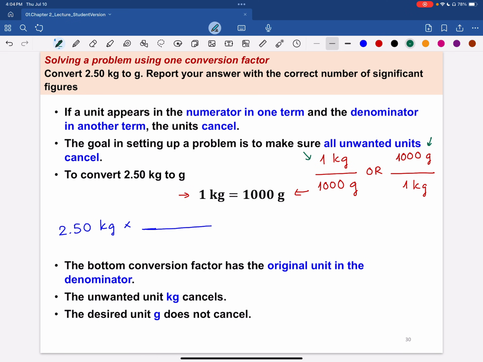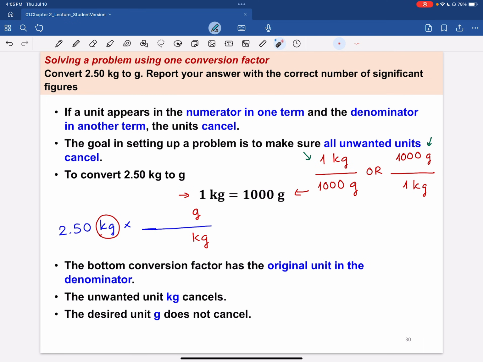Remember, always arrange the factors so that the denominator in one term cancels the numerator in the preceding term. Our preceding term here is kilogram, and it is in the numerator. So the kilogram of the next term has to be in the denominator if you want kilogram to cancel out. So I put kilogram in the denominator and gram in the numerator. Now I look back at the two conversion factors.